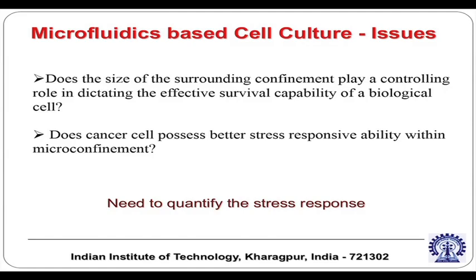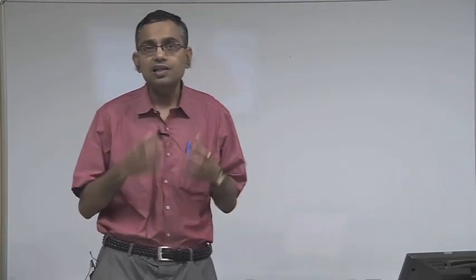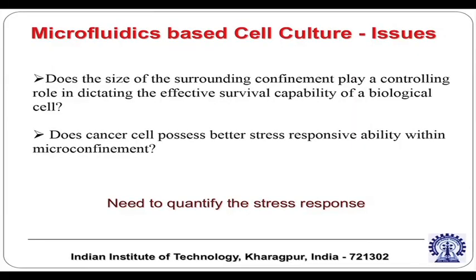Where is this question coming from? We have seen that the EGF concentration increases with stronger confinement. That means the size of the confinement might play a controlling role in the biophysical response of a cell, and then it can give rise to a distinct survival capability of the cell depending upon the confinement.